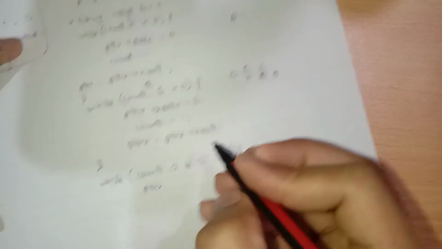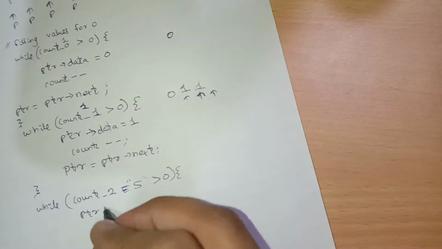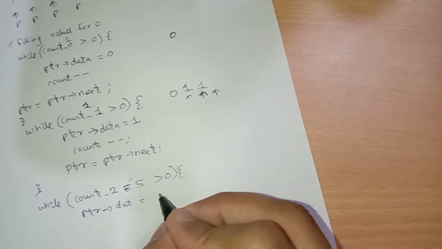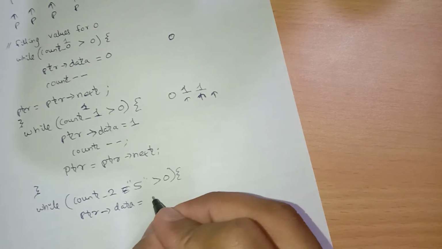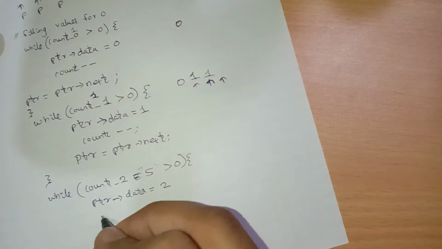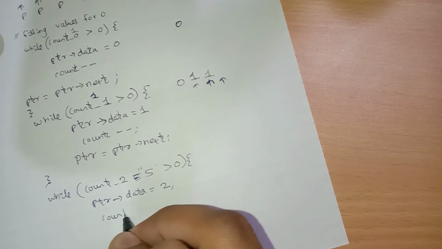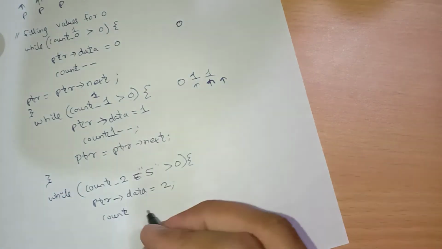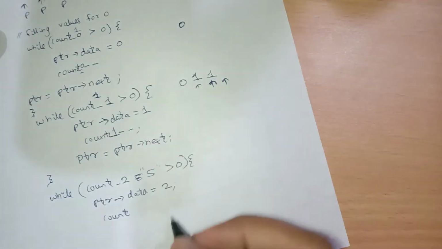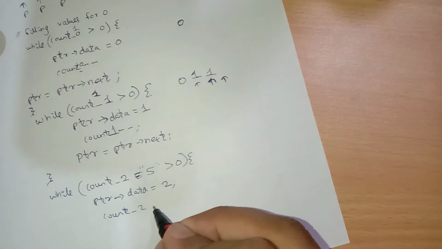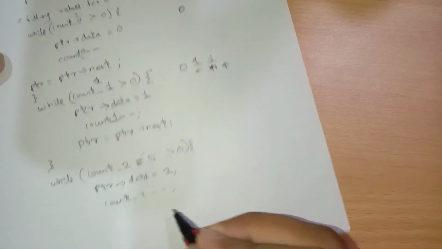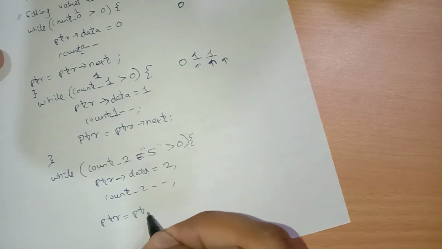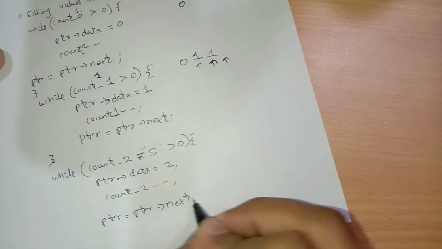As our ptr is at this position, and our condition is satisfied, we will fill here ptr's data equal to 2 and we will decrement the count of 2, and we will go to the next node, ptr equal to ptr's next.